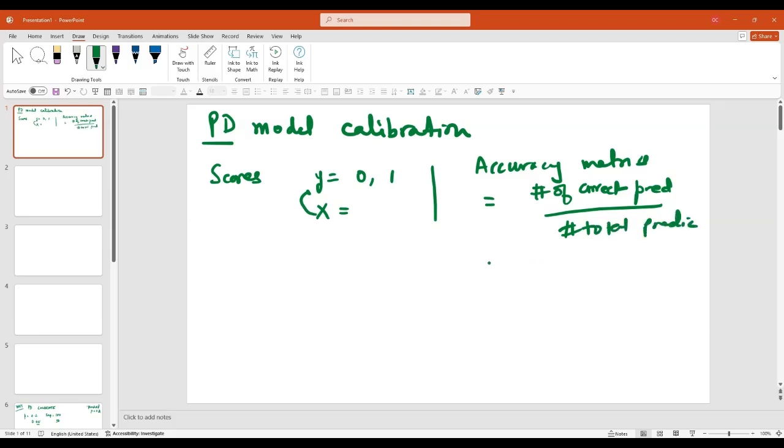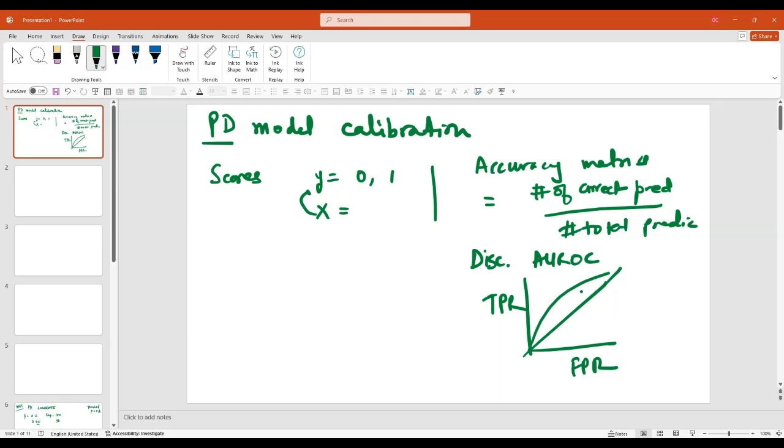The others can be, for example, discrimination focused, which can be AUROC, which you can visualize like this: true positive rate and false positive rate. And AUROC is trying to measure from which model you're getting the highest uplift over a random model.